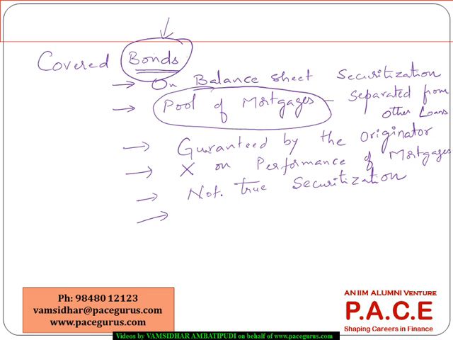And even this particular entity is not bankruptcy remote. In general, in a typical securitization transaction, the entity which is issuing these kind of bonds is generally a high rated, bankruptcy remote kind of entity.